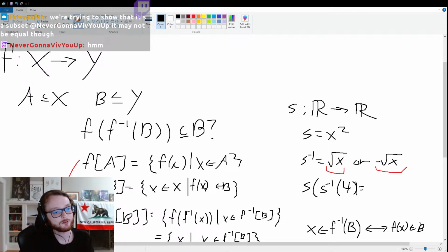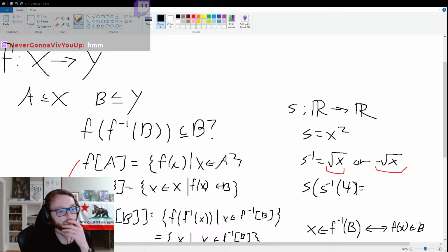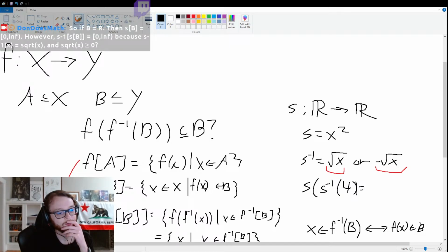I'm not sure. You did put that example of x squared in there. I'll paste it over to the Twitch chat. But I don't know what to do with it.